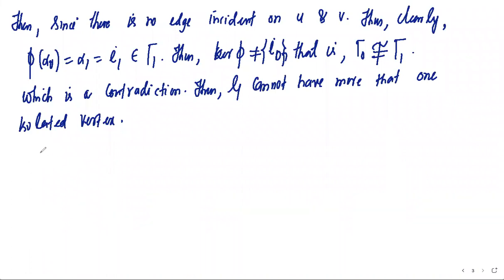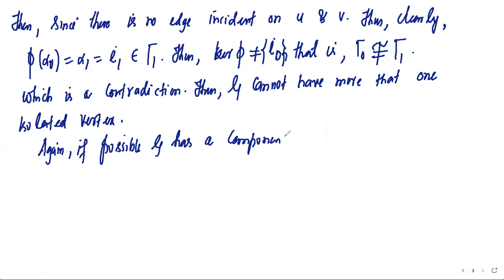Now the next thing is, again if possible, assume G has a component isomorphic to K2. Then we define an automorphism in our own way.